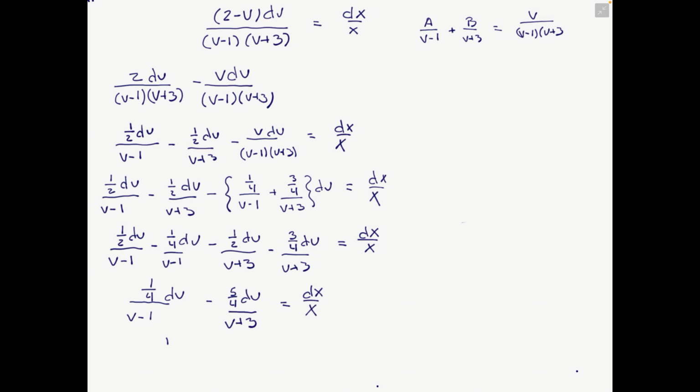We can do our integrating. So we got 1/4 ln v minus 1 minus 5/4 ln of v plus 3 equals ln x plus c.